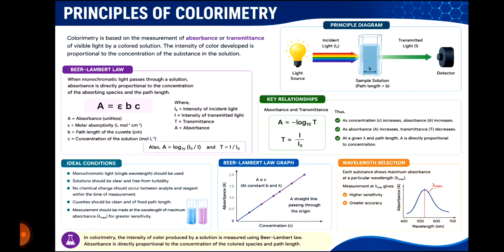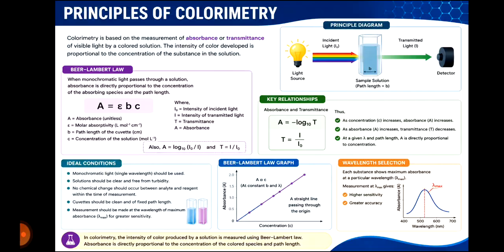Coming to the principle of colorimetry, it is based on the measurement of absorbance or transmittance of visible light by a colored solution. The intensity of the color developed is directly proportional to the concentration of the substance in the solution. It is given by Beer-Lambert's law.